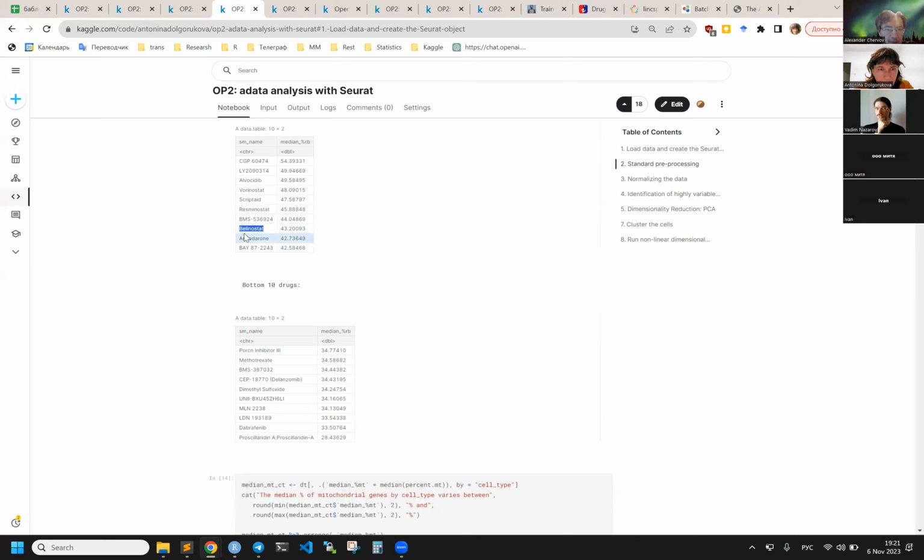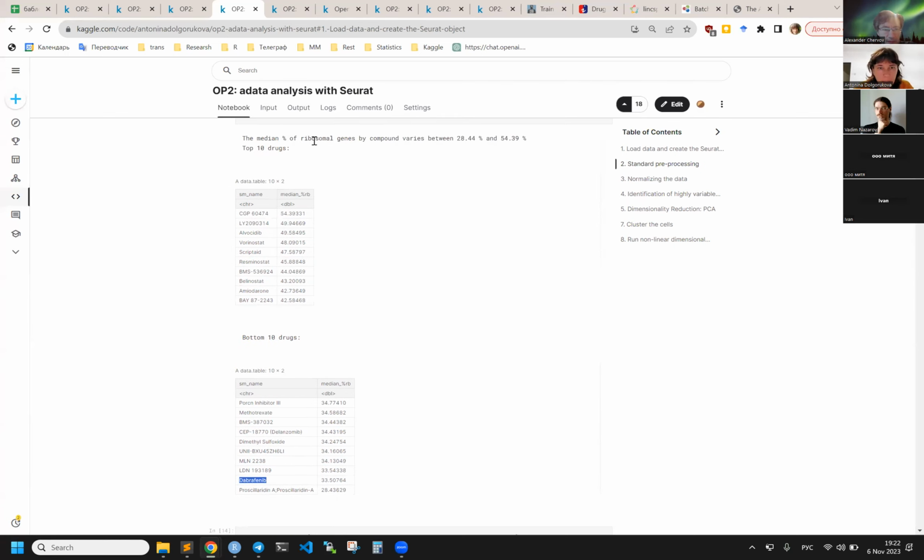Here is belinostat, which is a positive control, you can see, and our negative control is here. And I don't remember the name of the second, maybe. Don't you? Me neither. This one? No? Well, maybe. I think this is a positive control, but maybe this one. I'm not sure. Okay. It's about ribosomal genes, yeah.